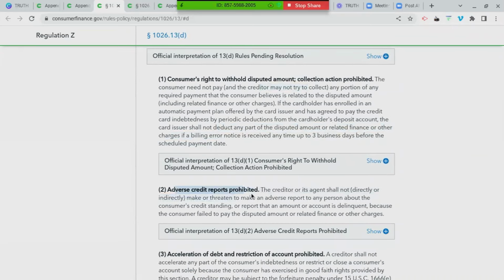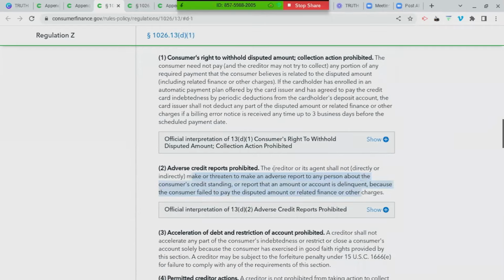Adverse credit reports prohibited. So the creditor or its agent shall not directly or indirectly, this is what I just went over, make or threaten to make an adverse report to any person about the consumer's credit standing, or report that an amount or account is delinquent because the consumer failed to pay the disputed amount or related finance or other charges.